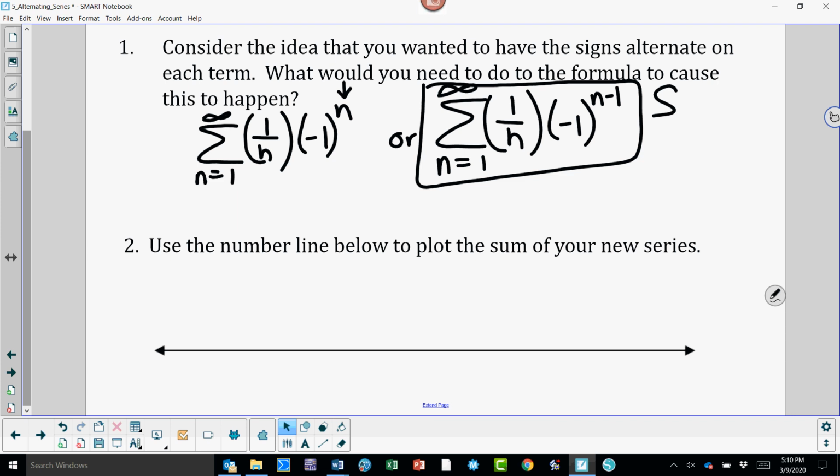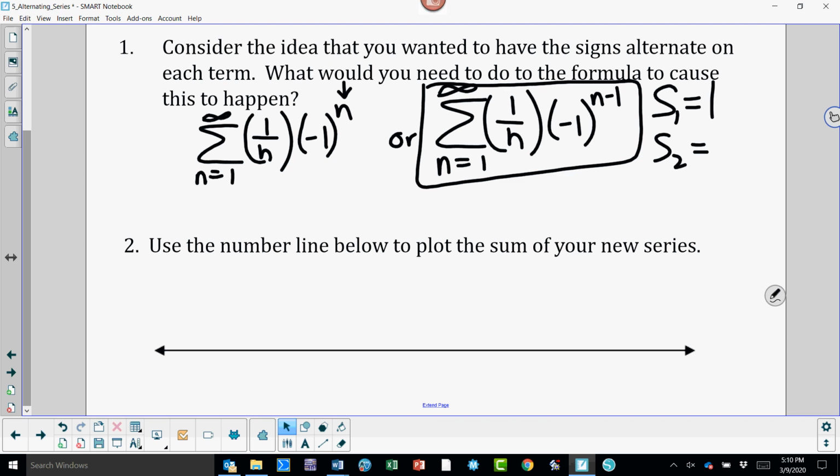I would have S1, the first term. Adding them up, I just get a 1. If I plug in 1, I'll have 1 over 1, and then I'll have -1 to the 0. So that's going to give me a 1. The next partial sum means that I'm going to plug in 2, and then I'm going to add that number to the 1.